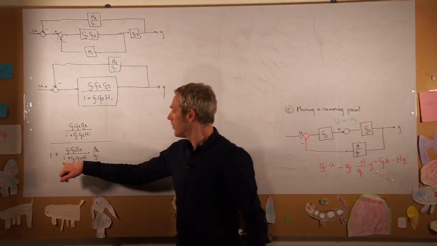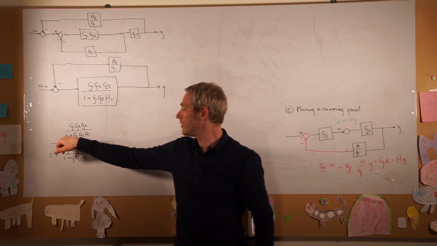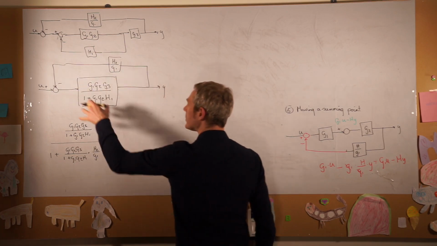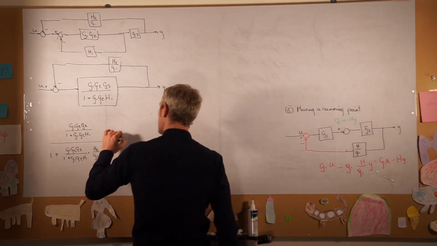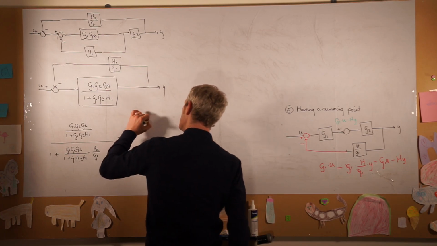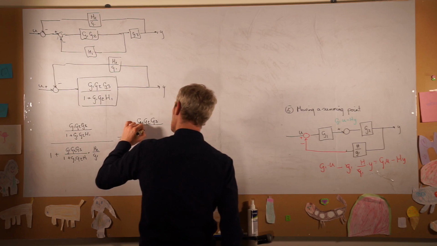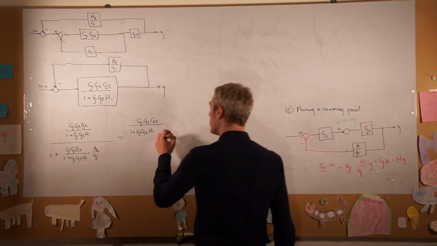I want to turn this into a single fraction with this denominator. So I will just skip the diagram for now. This will be G1, G2, G3 over 1 plus G1, G2, H1. So that's simply copying the denominator.